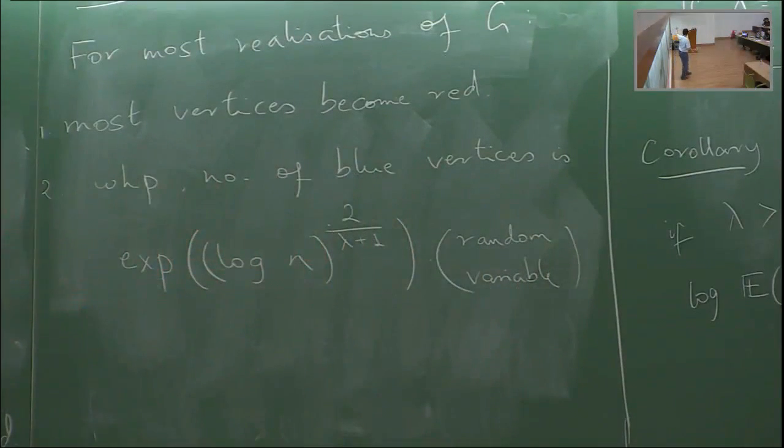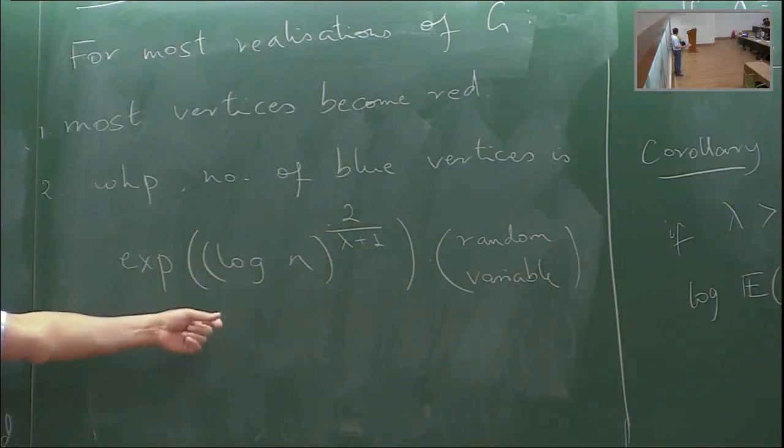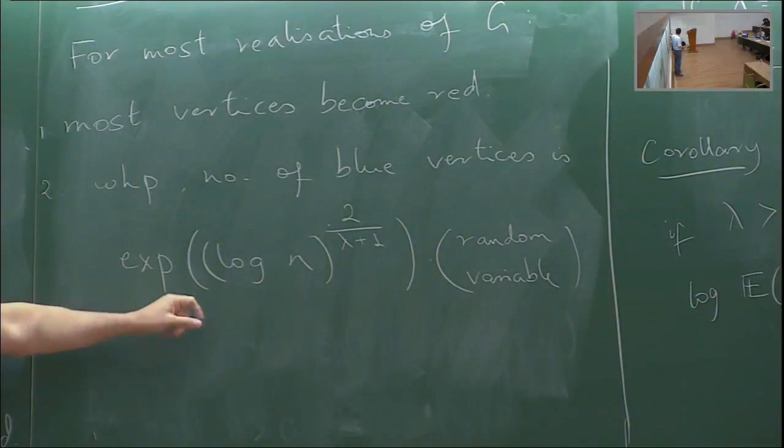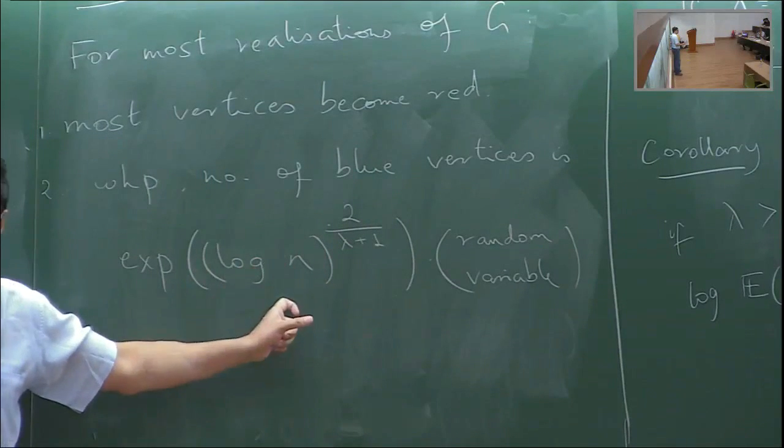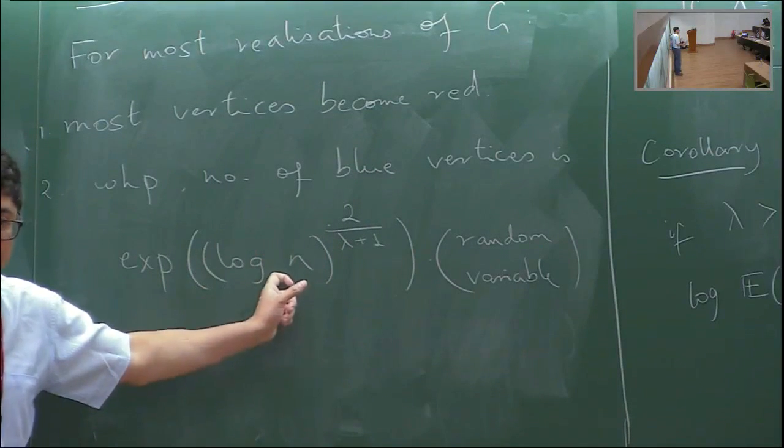So there's some randomness, but the scaling is that the number of blue vertices is really tiny. It's not even n to a fractional power. It's even smaller than that.